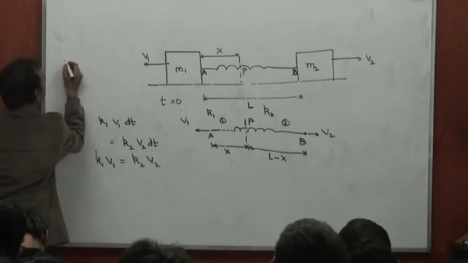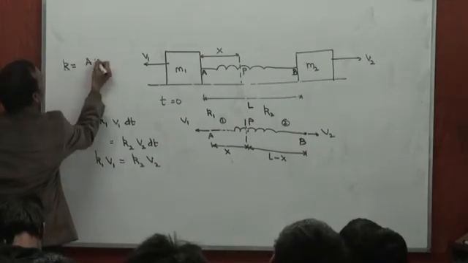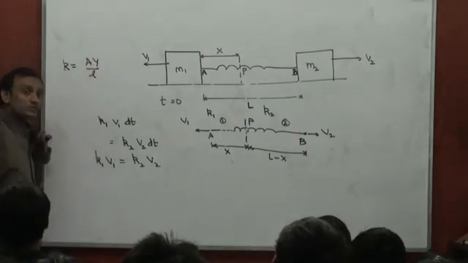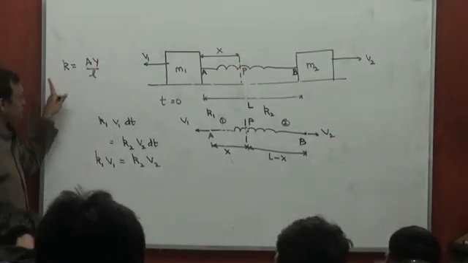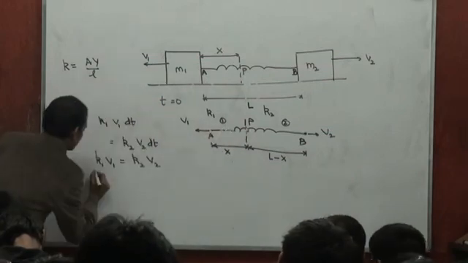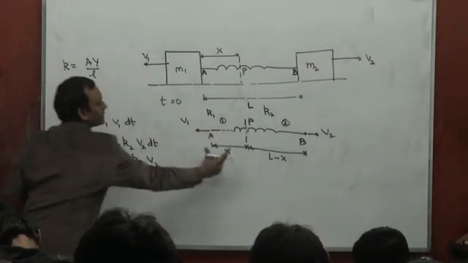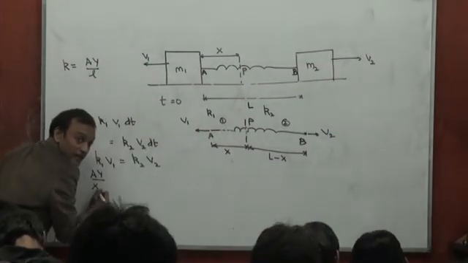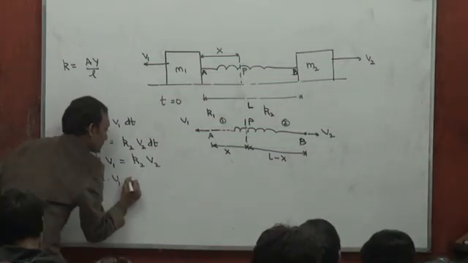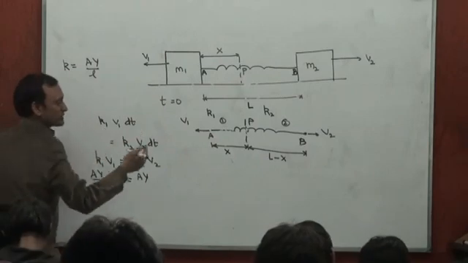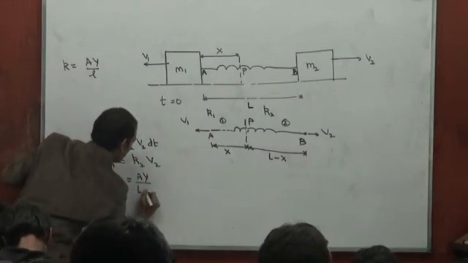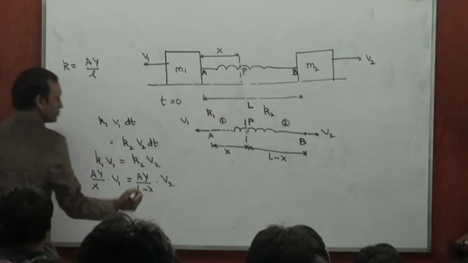And the K of a spring is given by AY divided by the length of the spring. Area of cross section, Young's modulus, divided by L will give you the K of the spring. So K1 would be AY divided by x. x is the length of spring 1 into v1. And for K2, it's AY, same A and same Y, after all, both the springs, divided by the length L minus x into v2.